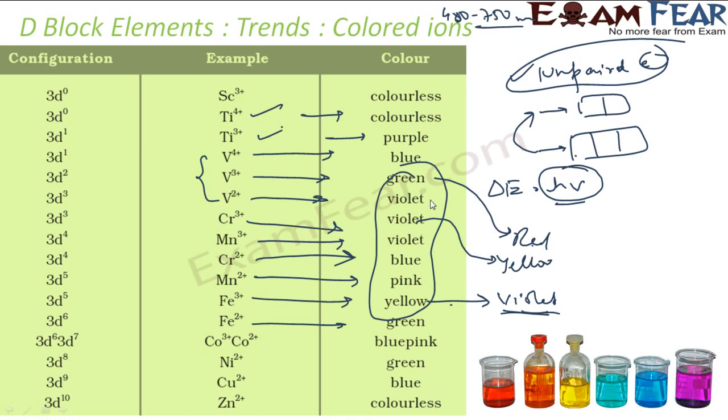Now the frequency of the light absorbed depends on the ligands also. It depends on the ligands attached. For example, in aqueous solution, the water molecules are ligands. What are ligands? Let me repeat. If you don't know, ligands are nothing but molecules or ions that bind to the central metal to form a coordination complex.